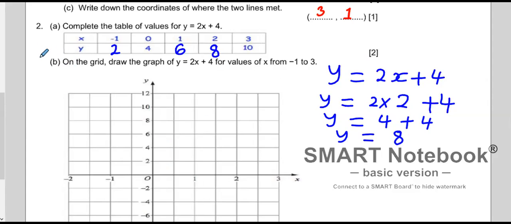Then we have this question 2b. On the grid, draw the graph of y equals 2x plus 4 for values of x from -1 to 3. So we have to draw the graph, all right?